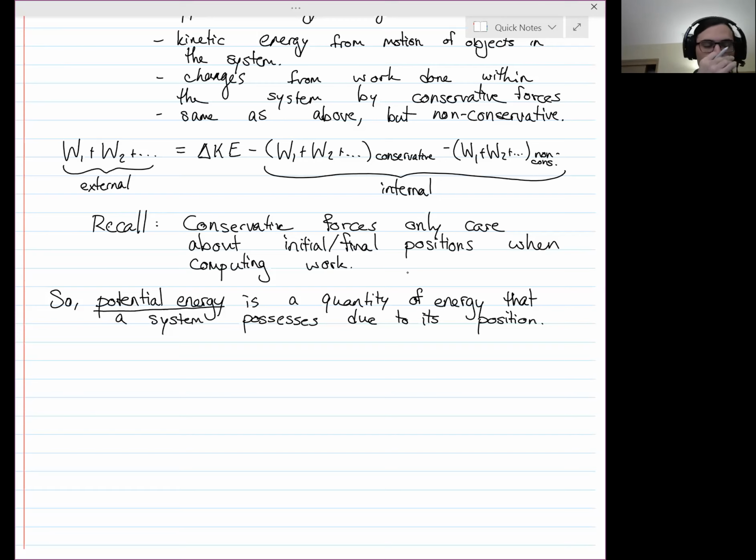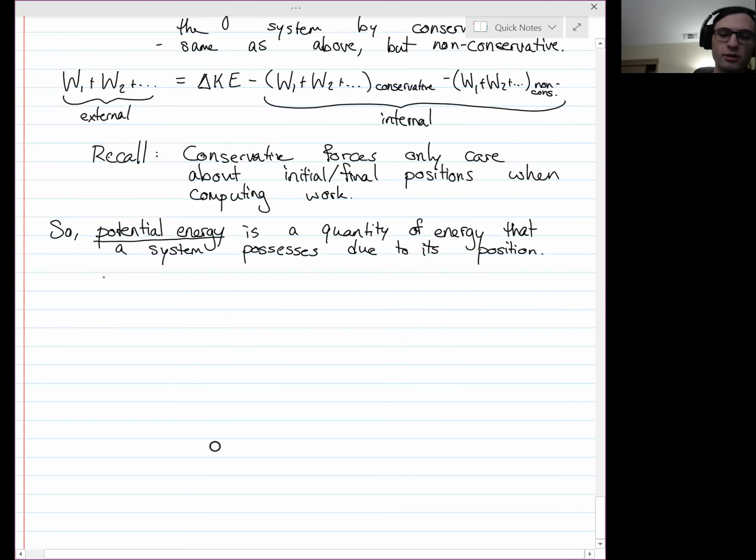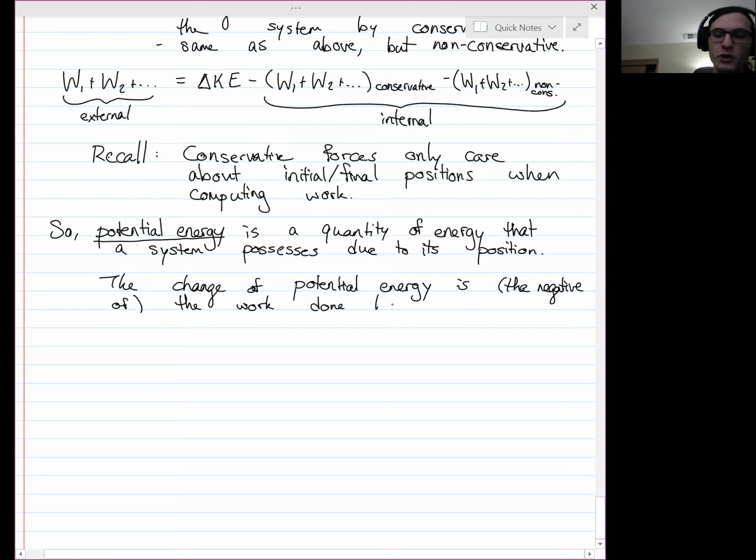So let me be a little bit more explicit here. The change of potential energy is, and now we have to introduce a minus sign, unfortunately, the negative of the work done by the conservative force.